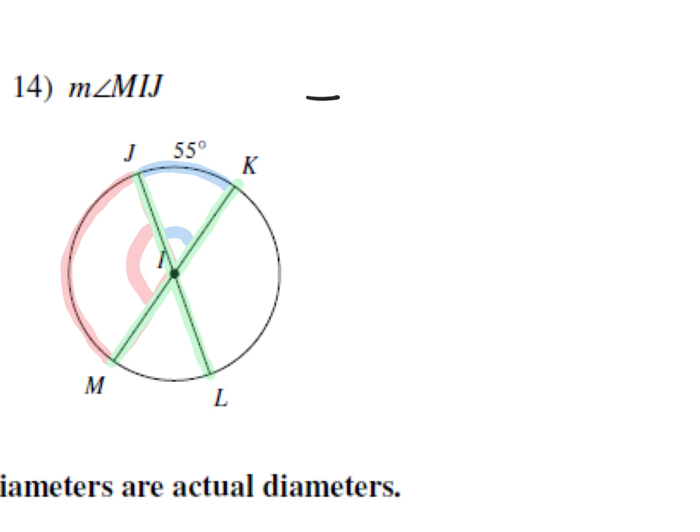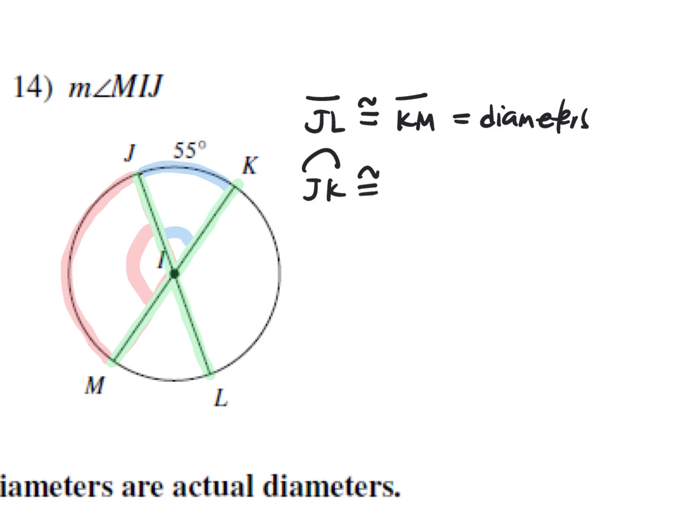So line segment JL is congruent with line segment KM. Okay, they are both diameters. What else can we find? It means to say that arc JK, here, this one, will be congruent with the arc ML, which is equal to 55 degrees.